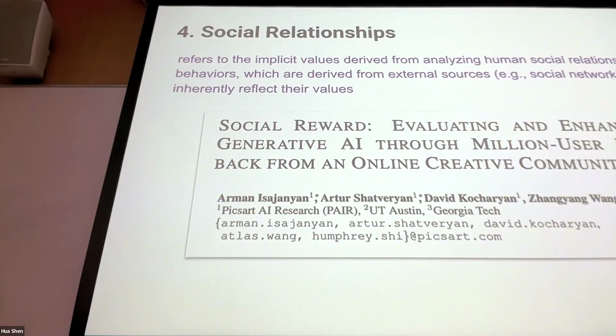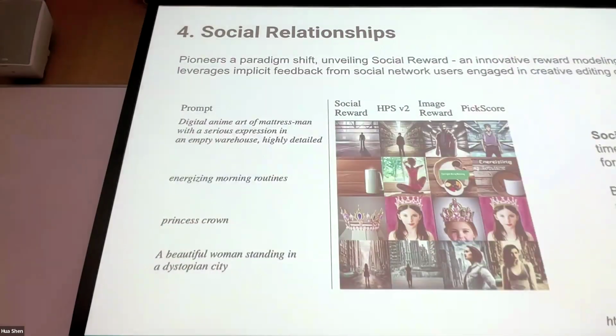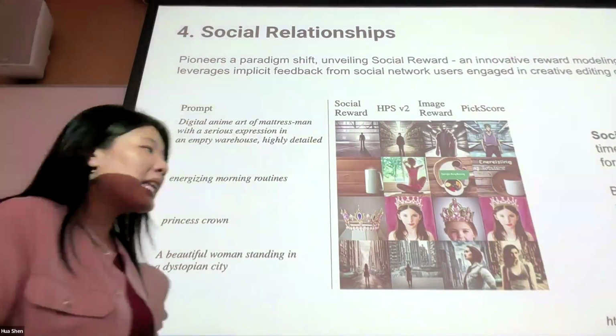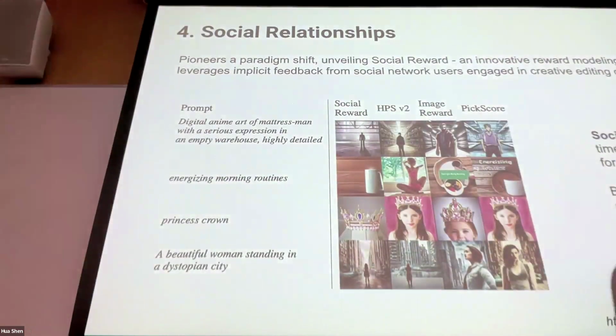I'm selecting this paper, published in 2024, as a good example, where they define the social reward, evaluating and enhancing generative AI through million-scale user feedback from an online creative community. The main contribution of this paper is collecting a dataset.